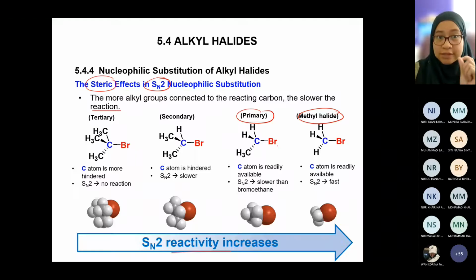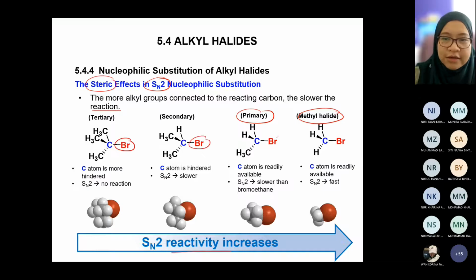Okay, remember steric hindrance. Steric hindrance tu awan-awan elektron, cloud of elektron tu mengganggu kemasukan sebab dia macam bulky kan. Okay, dia macam bulky, sempit dekat kawasan tu. So it would be harder for the nucleophile to penetrate into the molecule and attach itself to the carbon. Susah. Okay, so kalau kawasan ni memang dah susah.